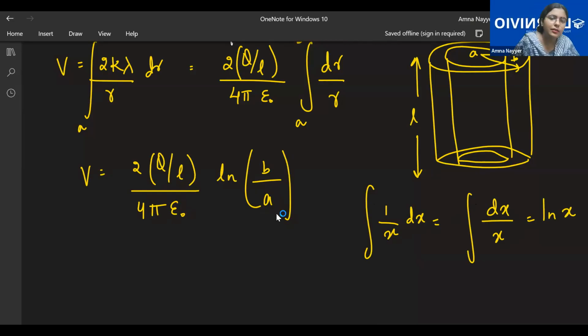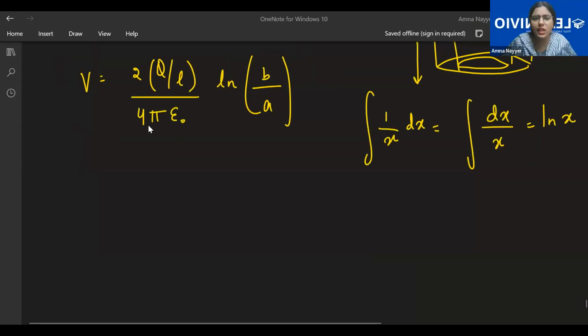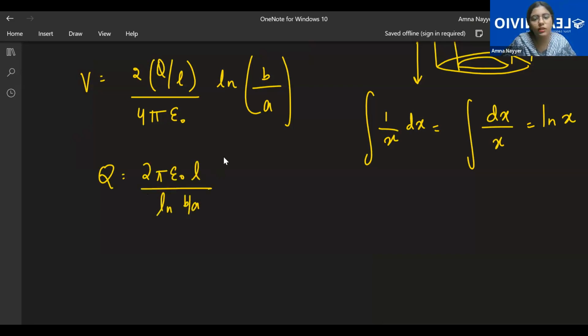If you want to find the value of the charge, though calculation of the charge has not come in the exam so far, the 2 will get cancelled, so it is 2 pi epsilon naught length divided by log of b by a, multiplied by the potential.